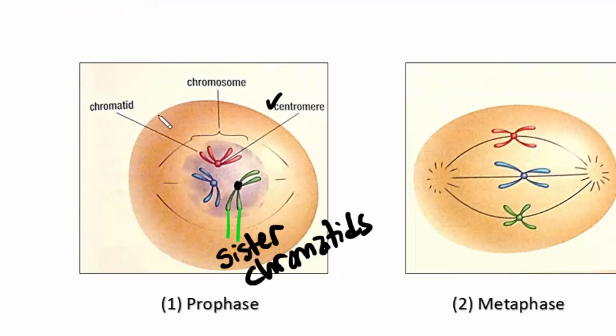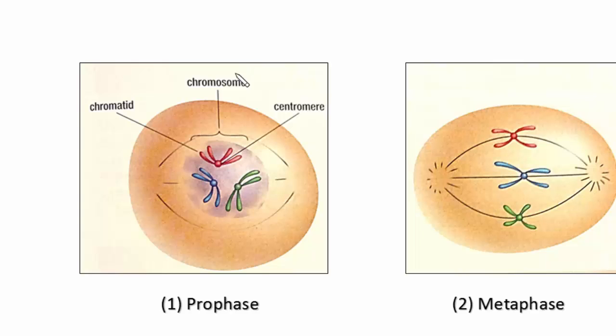Now, there's a label over here, chromatids, so it's pointing at one of them. There are two sister chromatids, each joined by a centromere. So that's a sister chromatid, that's a sister chromatid, another one here, another one here, another one here, and another one here. All right, I'm just going to clean that up so it's easy to see, as long as you label the sister chromatids. Okay, let's come back here.